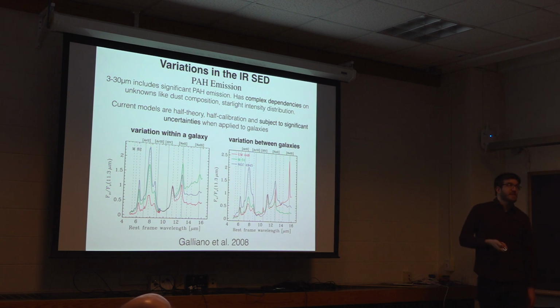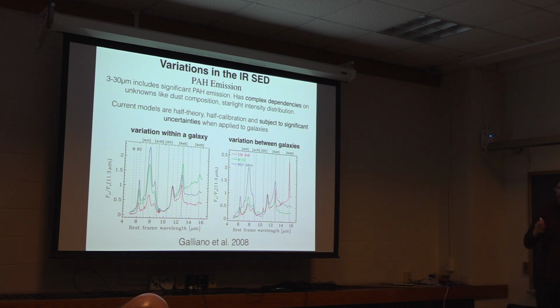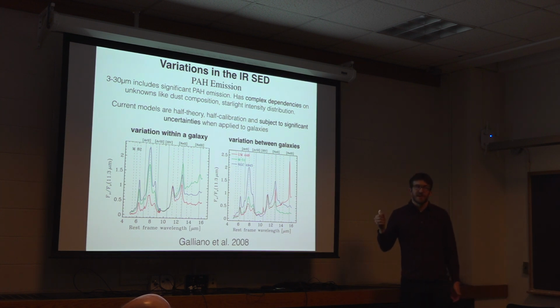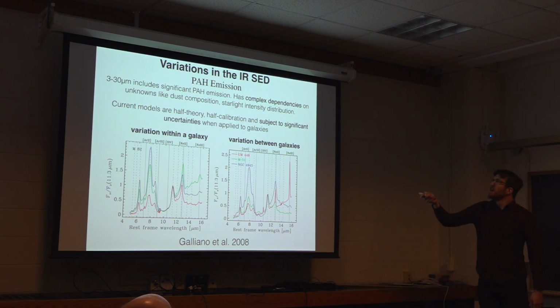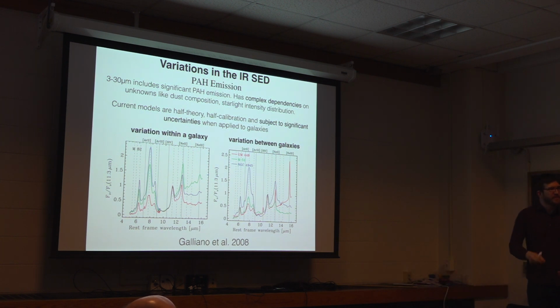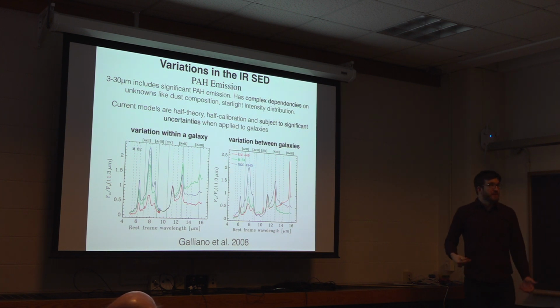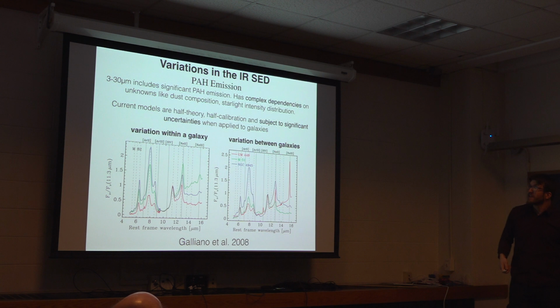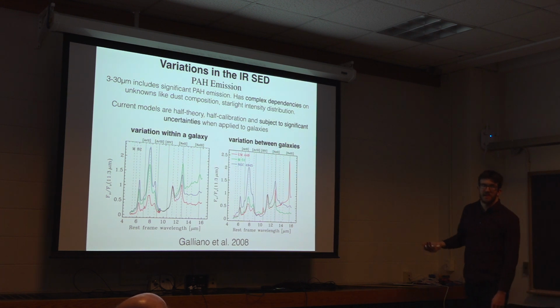PAH emission, polycyclic aromatic hydrocarbon. So this is kind of a nasty business. The mid-infrared, which is where most of our data comes from at high redshift, unfortunately, this has significant PAH emission. And so this PAH emission has, in the theoretical interpretation, like the way you try to explain it if you start writing it down by hand, it has these complex dependencies on these things that are basically unknown from galaxy to galaxy, like the dust composition and the distribution of starlight intensities.